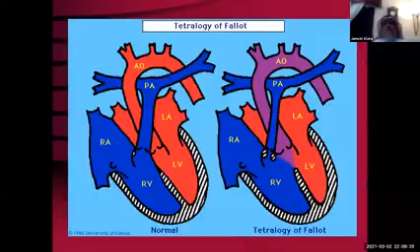Now we'll go to cyanotic heart diseases with decreased pulmonary blood flow. We have agreed before that in cyanotic heart disease, the main cause of cyanosis is the degree of mixing.